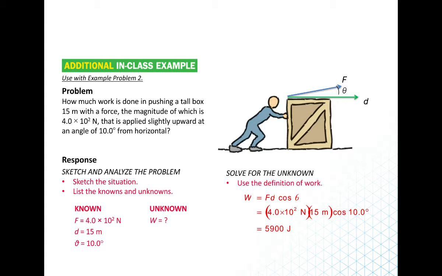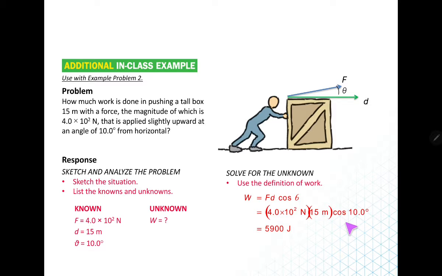So we have a law which is W equals F d cosine theta. F is 4 times 10 square Newton, multiplied by the distance, which is 15 meter, times cosine 10 degree.